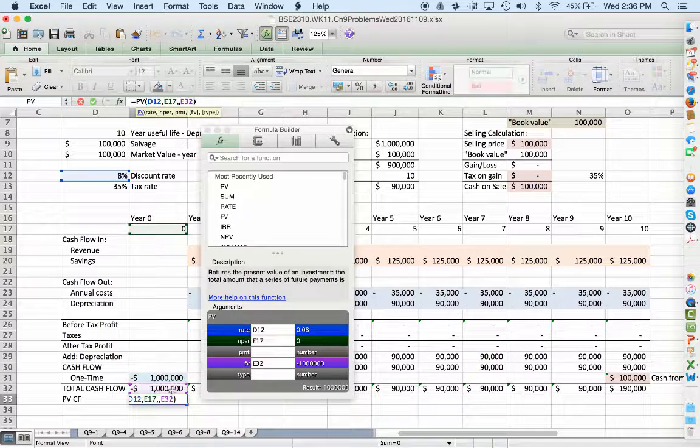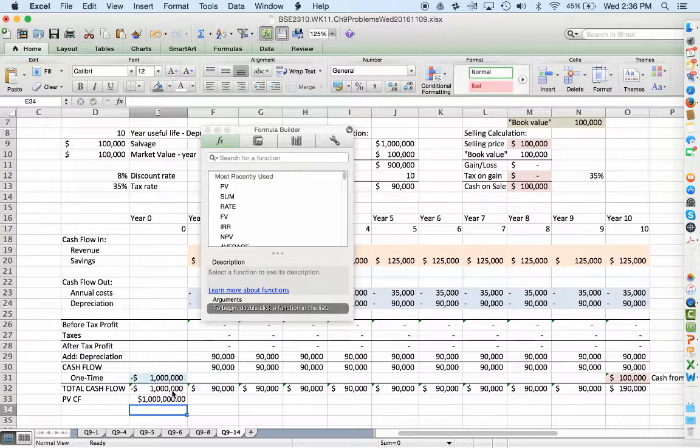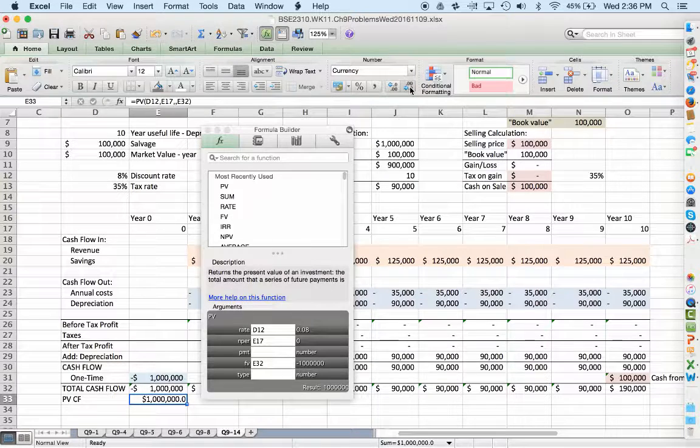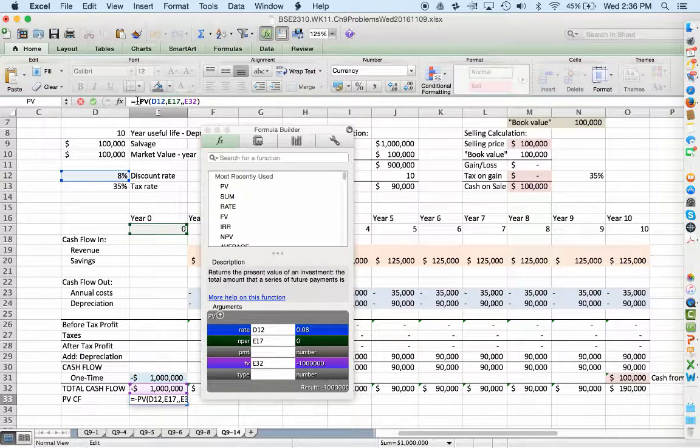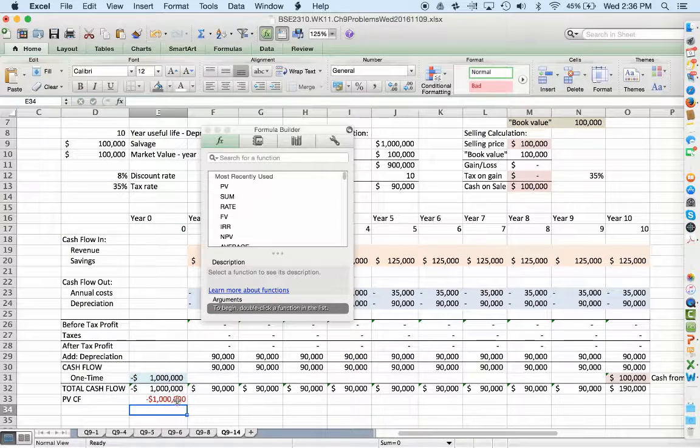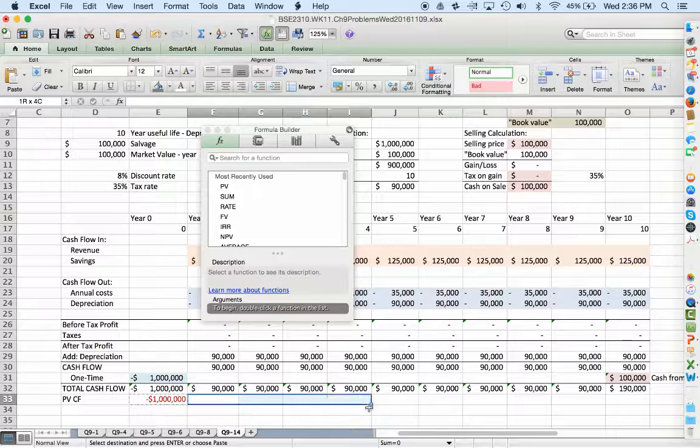So getting those cell references correct is really important. The only adjustment that I'm going to make is to my formula up here. I'm going to put a negative sign in it because whatever the sign is for this total cash flow, I want it to be the same for the present value. And then I'm also going to put a dollar sign in front of the column and the row that hold the discount rate so that when I copy the formula across, it will hold that.